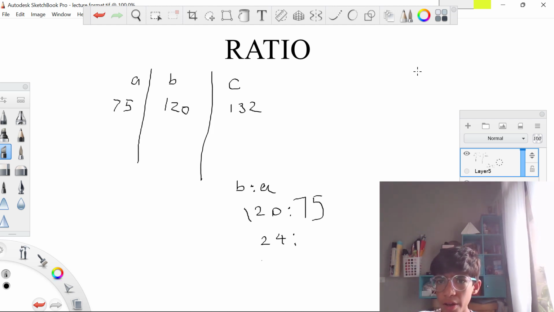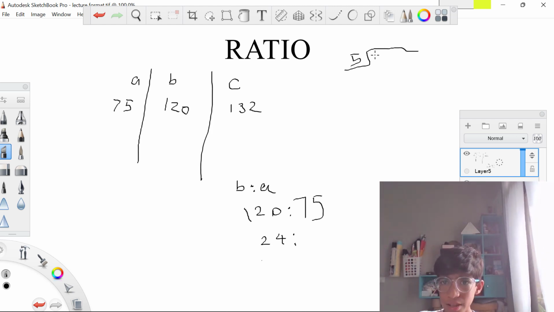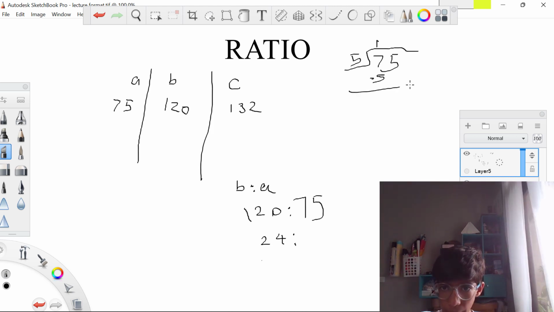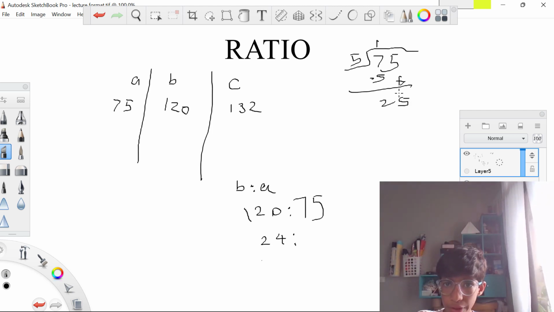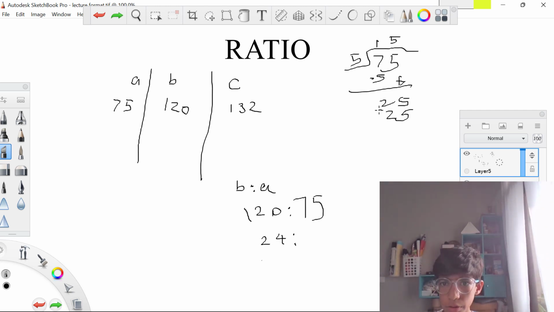We'll divide 75 by 5. 5 ones are 5, minus, 2 comes down, 5 comes down, 25, 5 fives are 25, minus, 0.